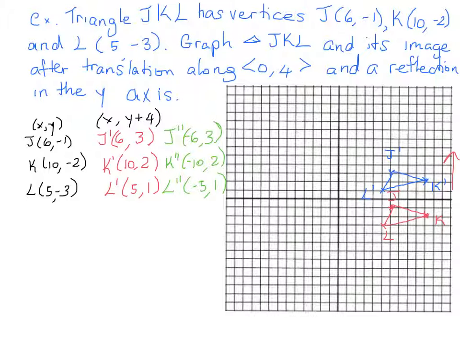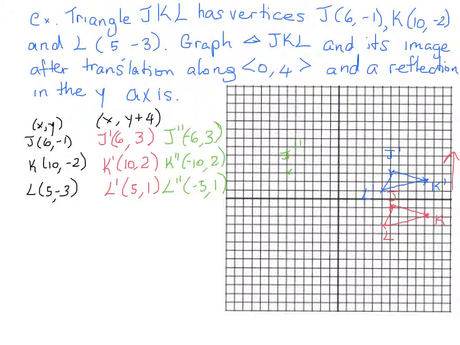All right, so let's see what this did. For J, we have -6, 2, 3, 4, 5, 6, 3. So that is our reflection of J. And it does look like it is equal distance to the y-axis. So that's good. That's J double prime.